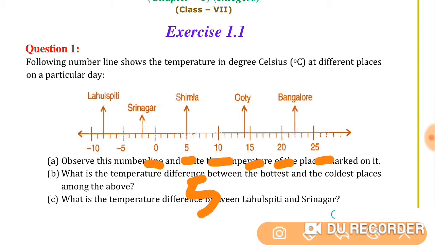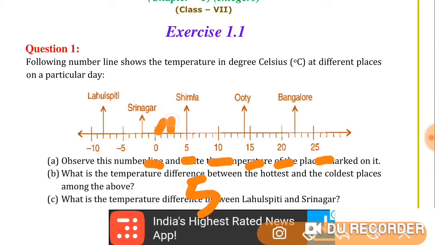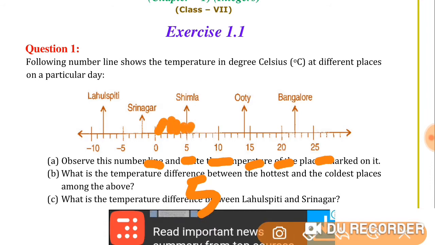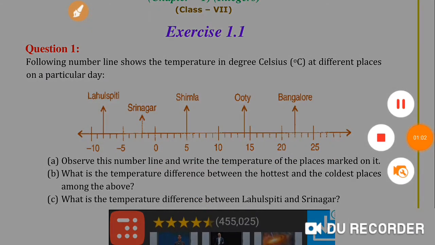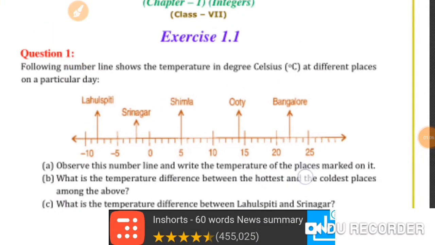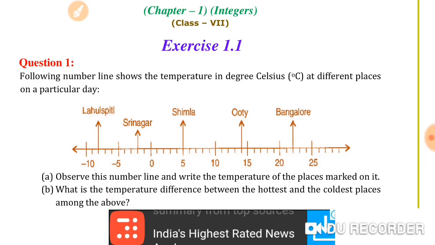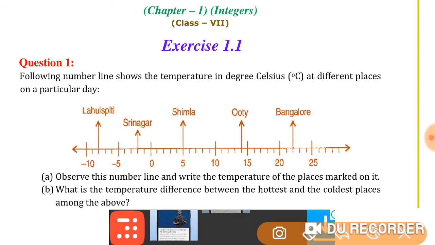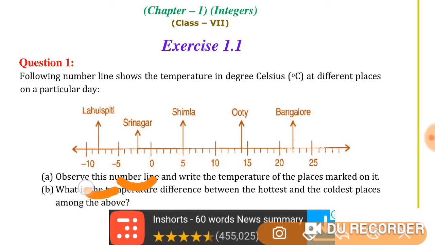That means each line indicates 1 degree Celsius. So that's why they have written 5, 10, 15 and so on. Here we can also observe, before 0, minus 5, minus 10. Here also there is a difference of 5 between each number.